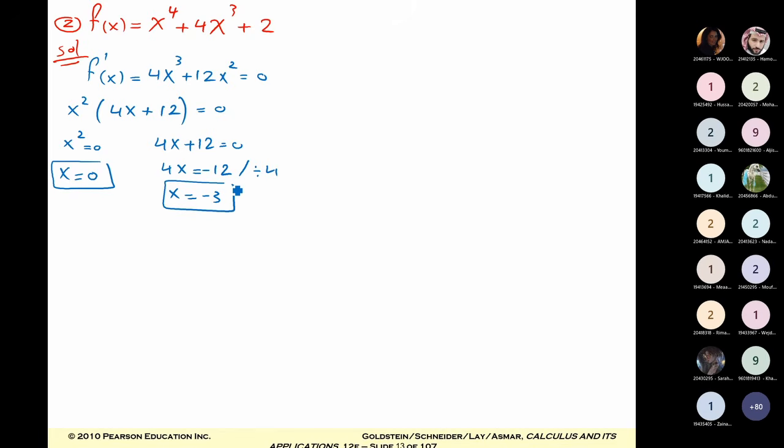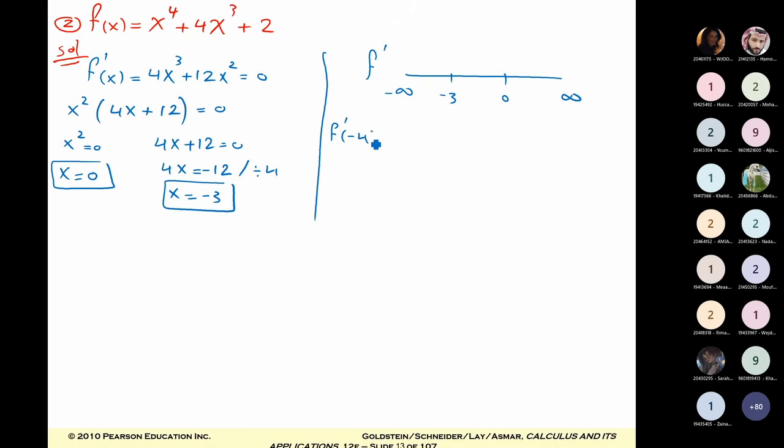This is the second. Now we need to check the sign of what? Of f prime. We have negative infinity, negative 3, 0, and infinity. We can choose negative 4 and substitute in f prime.